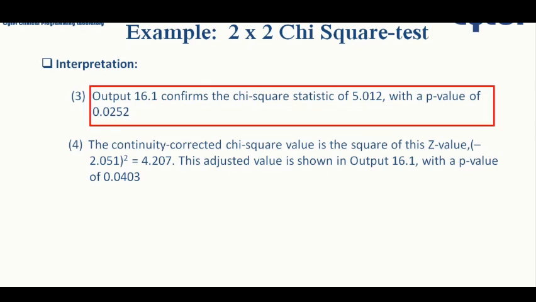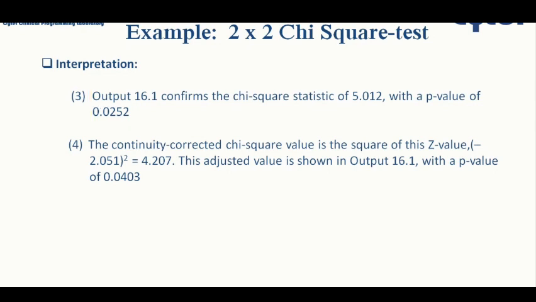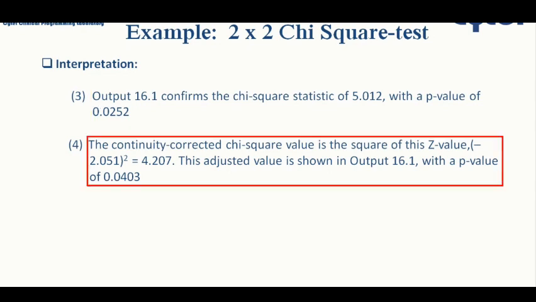So, the value of the chi-square test statistic is 5.012 with a p-value of 0.0252. What does it signify? Since the p-value is less than 0.05, we are going to reject the null hypothesis. Similarly, the continuity corrected chi-square value is so and so and the p-value is 0.0403, which is also less than 0.05 and therefore we reject the null hypothesis.